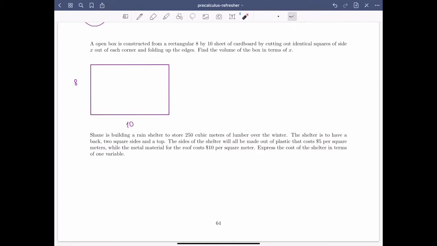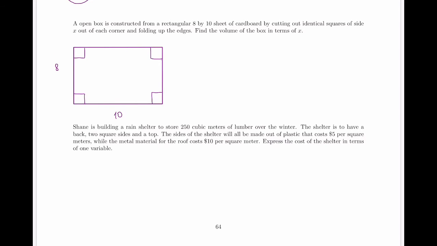I'm going to cut out identical squares of side x out of each corner. So from each corner, I'm going to cut out a little square like this of side length x. And all of these little guys have side length x.